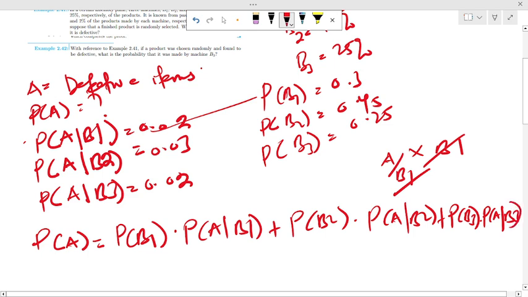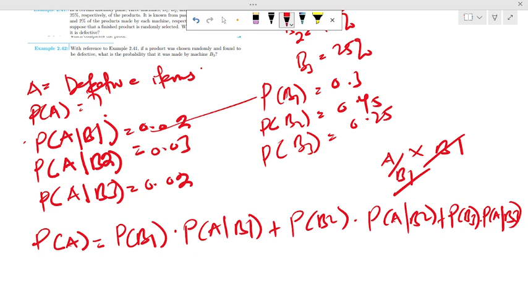This is just a loose way of representing the concept, but I want you to really get it so that in case you forget the total probability formula, you can remember this.